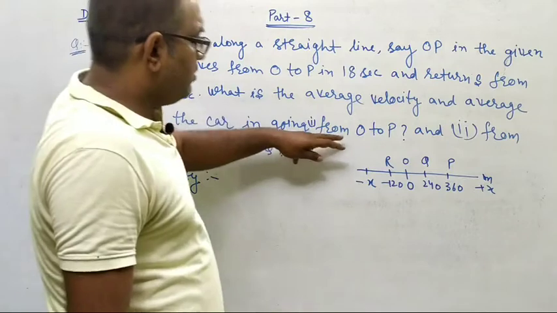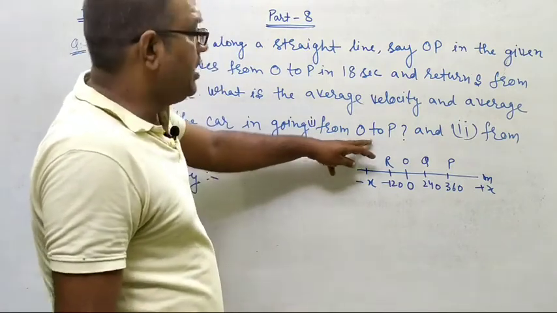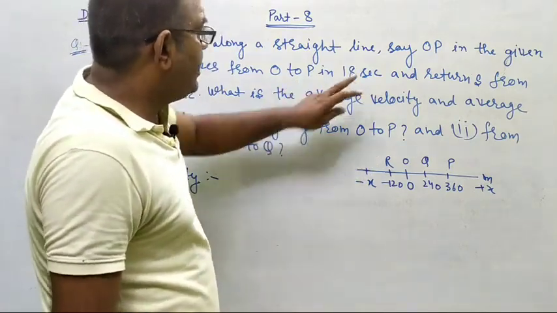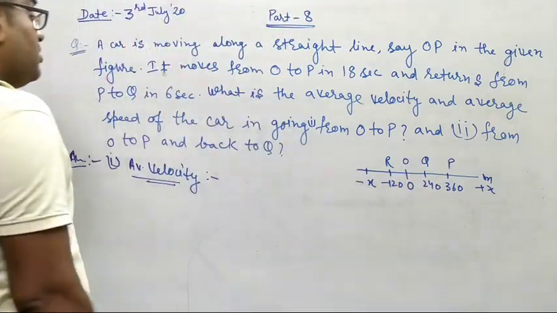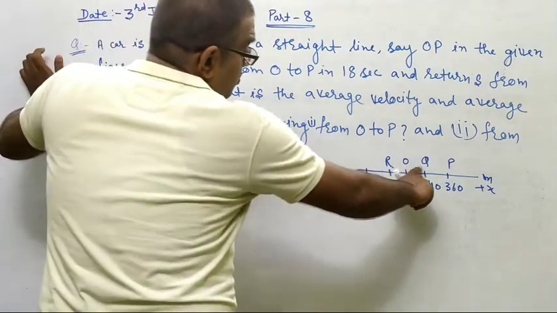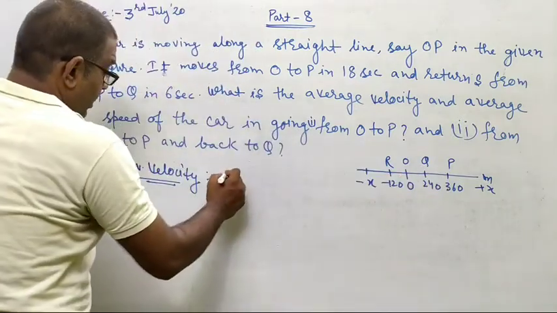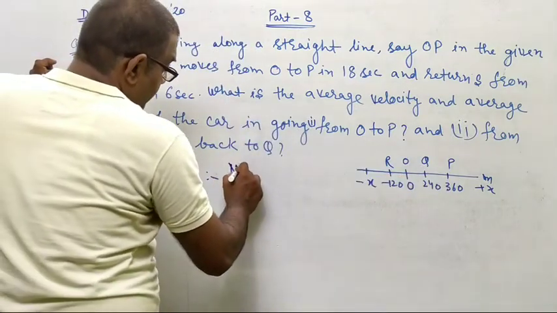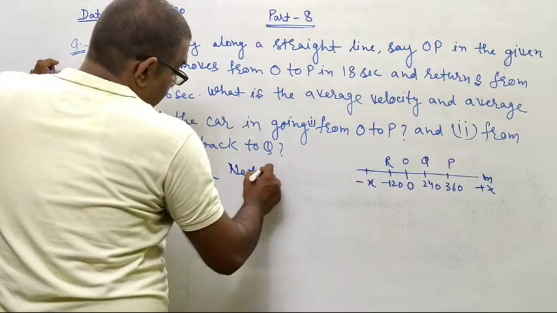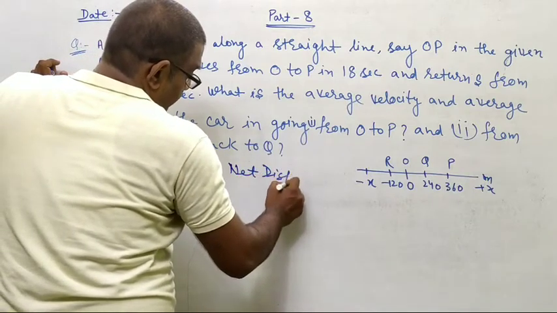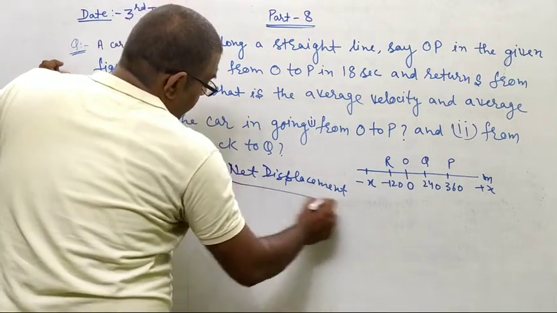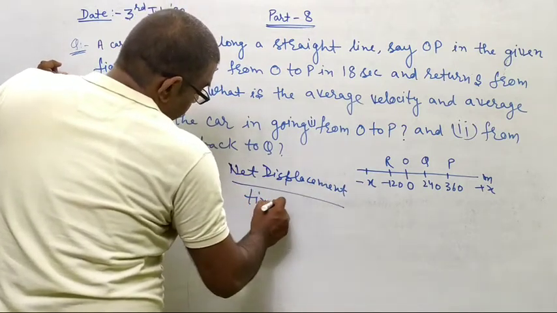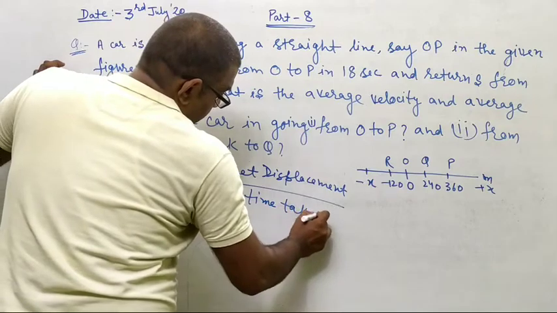The question asks from O to P, in 18 seconds, and the distance is already given in meters. So from O to P, average velocity is equal to net displacement upon time taken.